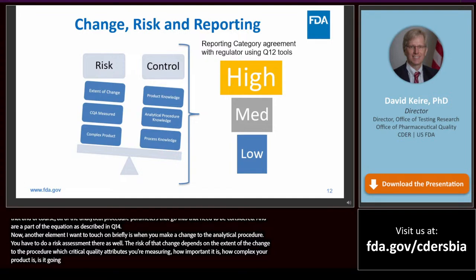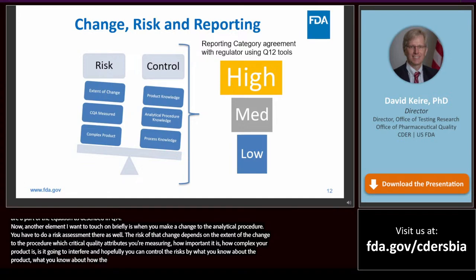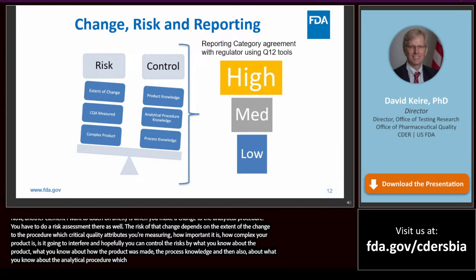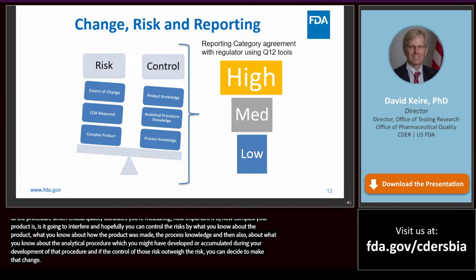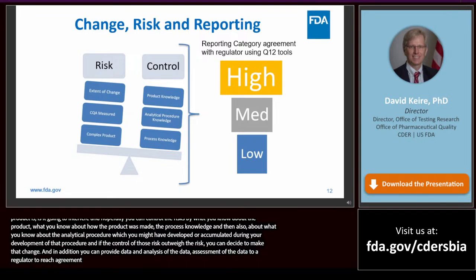And hopefully, you can control those risks by what you know about the product, how the product was made, the process knowledge, and also what you know about the analytical procedure, which you might have developed or accumulated during development of that procedure. And if the control of those risks outweighs the risks, you can decide to make that change. In addition, you could provide all these kinds of data, and assessment of those data, to a regulator to reach agreement about a reporting category using Q12 tools, which give you some post-approval regulatory flexibility.